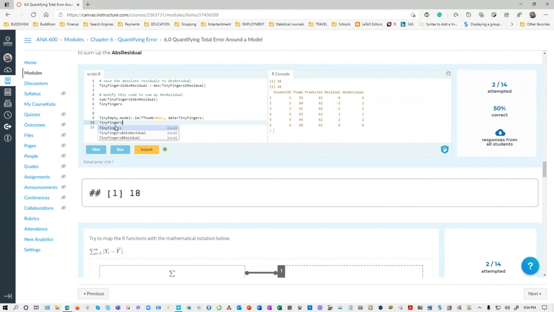See, tiny fingers, and I'm going to create that one. See, tiny fingers residual, they already created. How did we get this one? I'm here now. See, I'm not talking about these three, but I'm starting from the very beginning and writing over here. And it's coming from taking the resid on whatever model you have, this tiny empty model. We call that one null model, empty model, because no other variable has been added still. Okay. See? This is how you got the residual being added to this one.